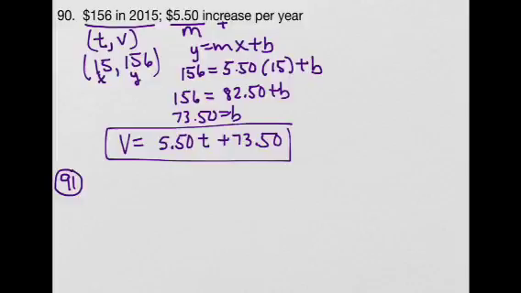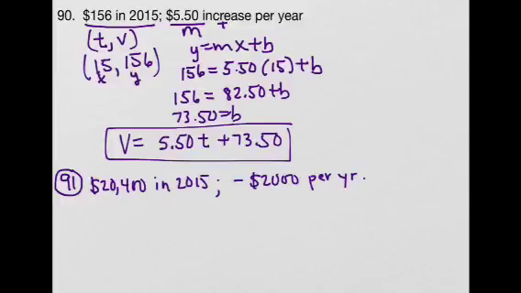So then 91, similar problem. This time though the value is 20,400, again in 2015. And this time the value of the product is decreasing by $2,000 a year. So negative $2,000 per year.